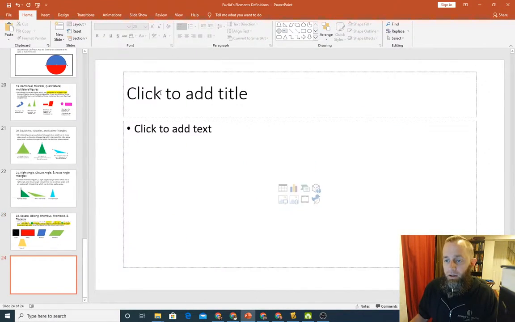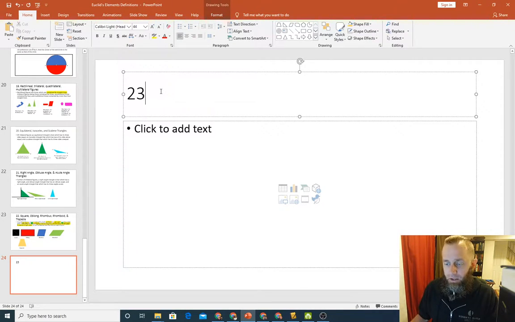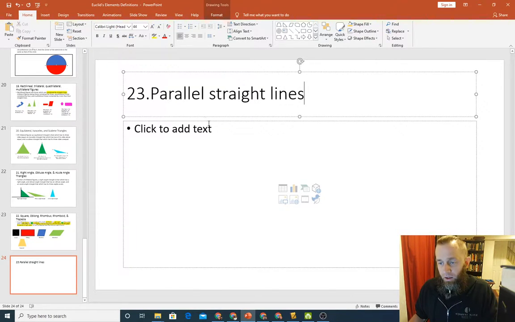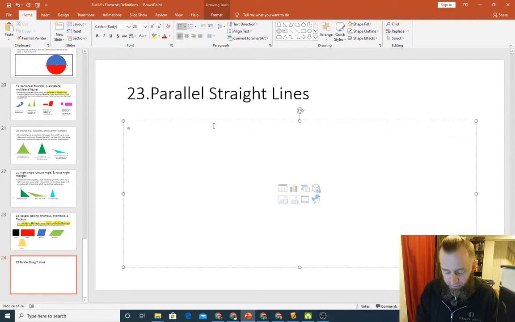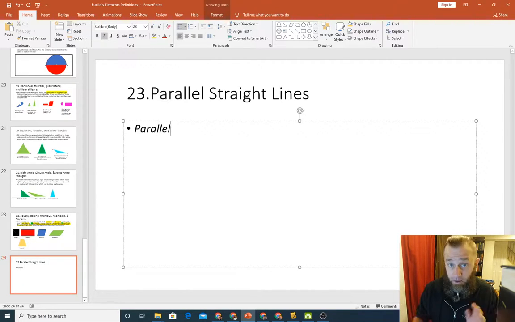New slide. Definition 23 is the definition of parallel. Parallel straight lines. All right. Much grief is going to be shed over this definition and the next one. Okay, so here's Euclid's definition. Just remember I said about the grief because you're going to remember later on.